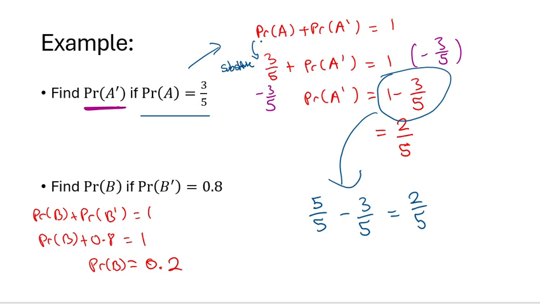I can just substitute wherever probability of A is and write it as the fraction 3 out of 5. And then the next step is to just solve for P(R) of A dash. And that's it. And if you remember the solving skills that I taught you from last term, that would be how you would process things.